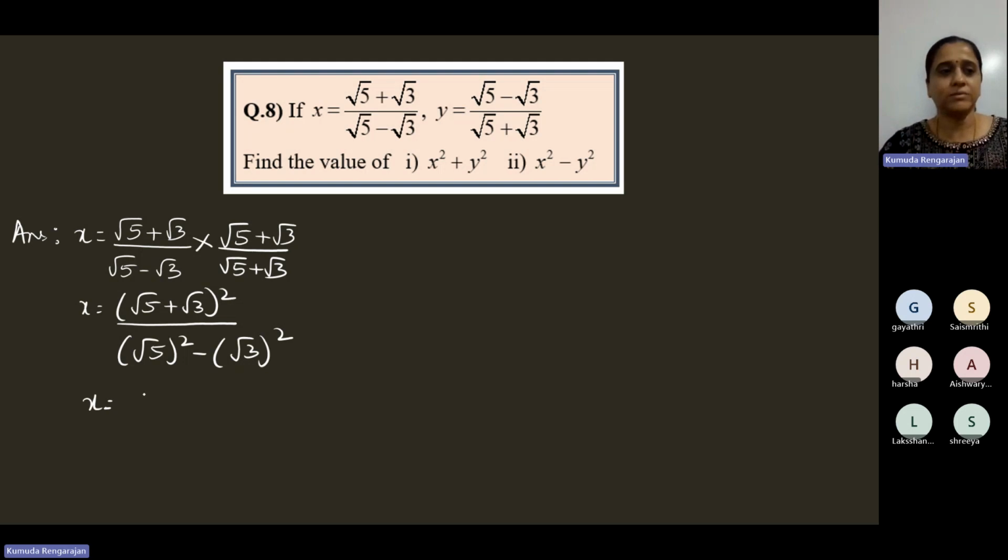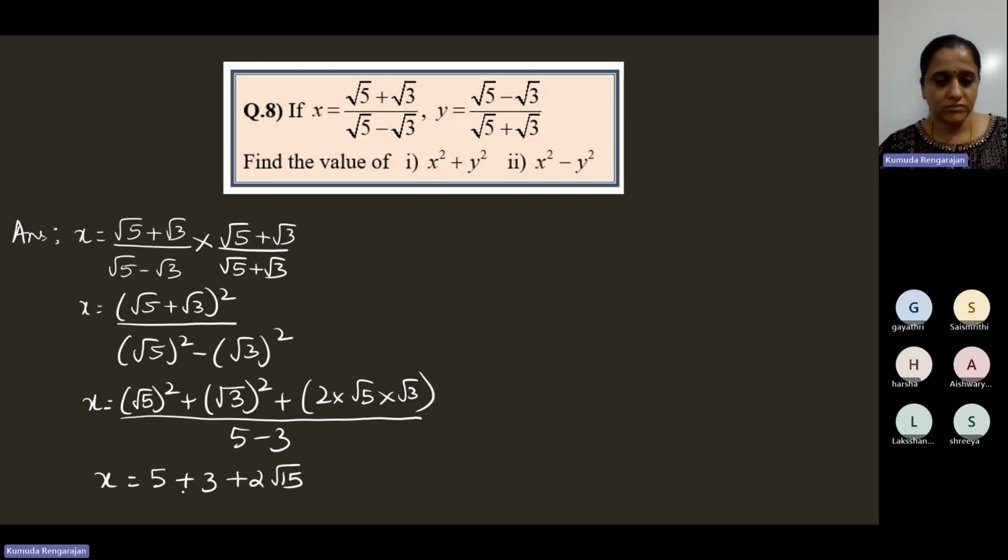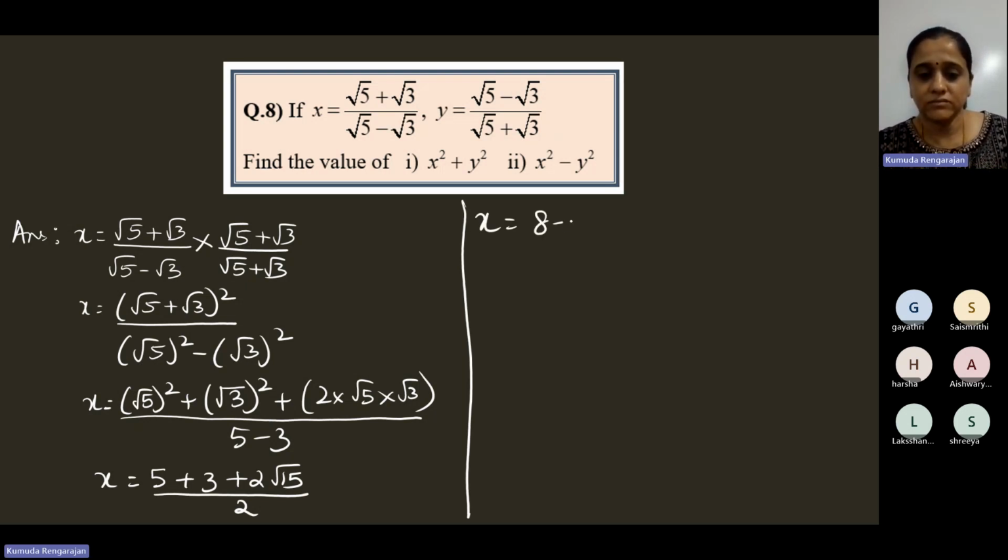Very good. Tell me. Okay, I'm just writing root 3 the whole square plus 2 into, divided by, then next.